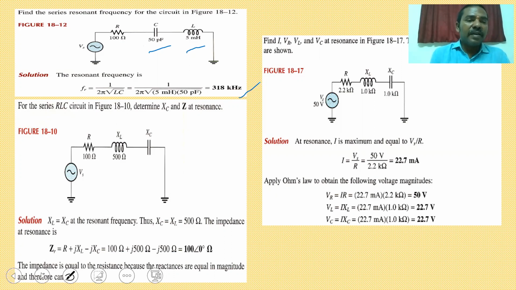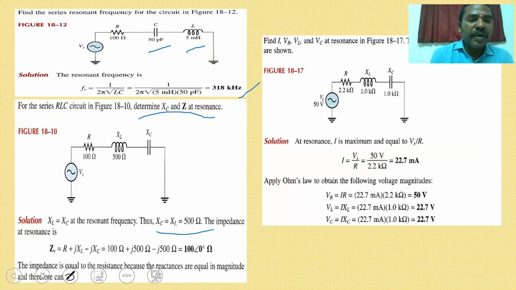Then coming to the second problem, you have to calculate Xc and Z at the resonating condition. Here RLC is given with a supply voltage of Vs. Under resonance the XL value must be equal to Xc. That means the Xc value is equal to 500 ohms.